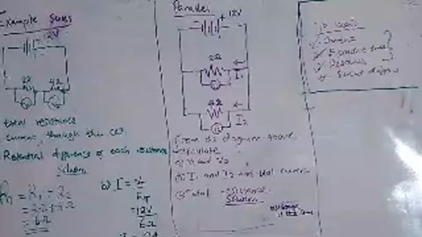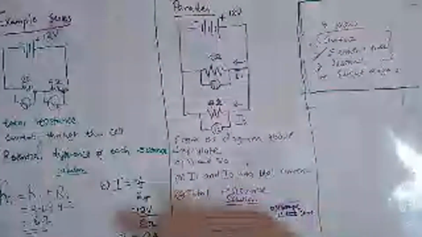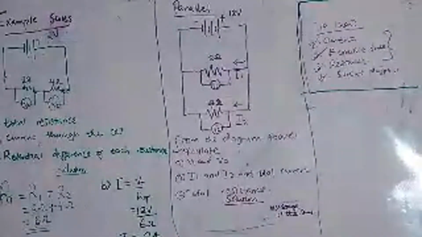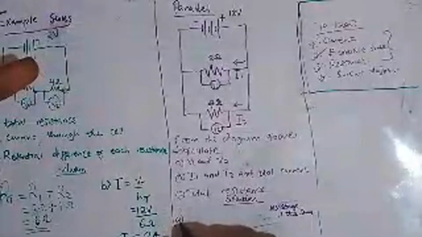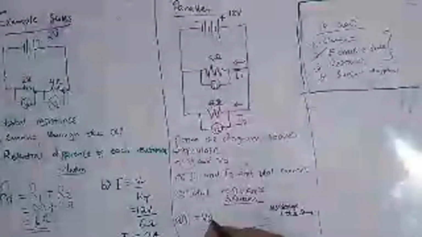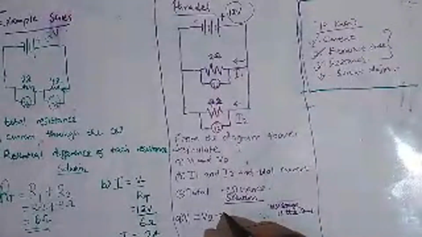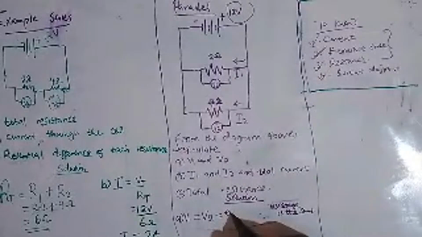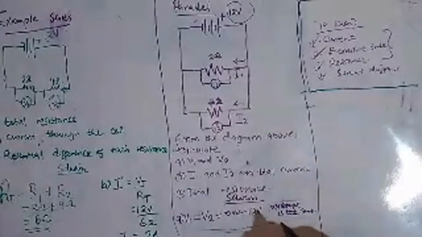Here they were trying to confuse you by saying calculate the voltage 1 and voltage 2. Since the voltage in parallel is the same, our voltage 1 is equal to voltage 2, which is equal to the EMF, the total voltage, which is 12 volts.